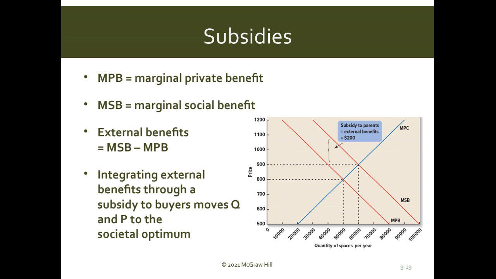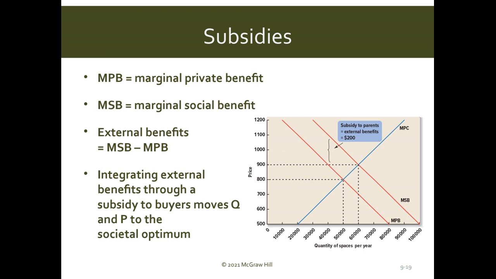So let's take the example of daycare, or even education, say any college, because RDP and other colleges are also receiving government grants. So the government is also subsidizing these schools. So this is an example of education.